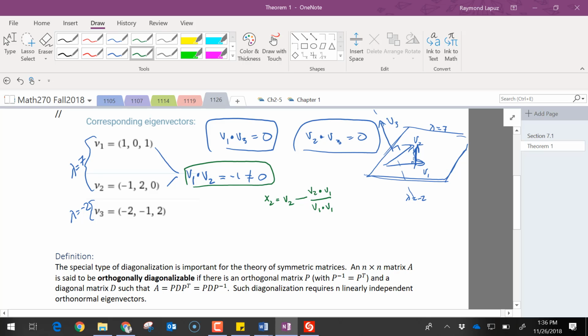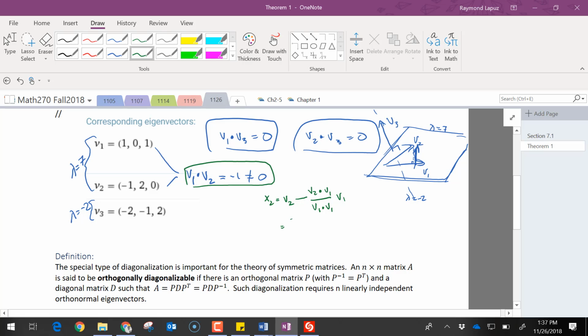We divide by that because this is not a unit vector, so we have to compensate for the length, and then times V1. They're all vectors.